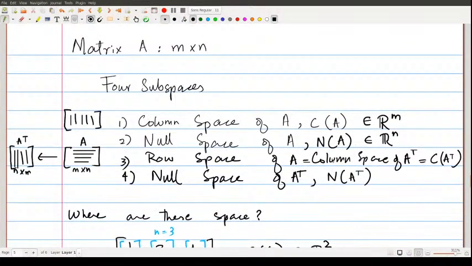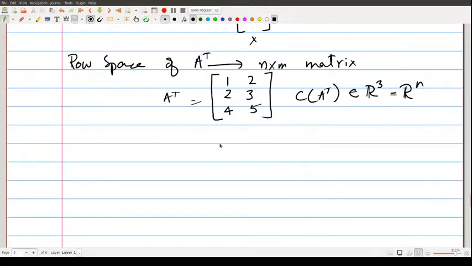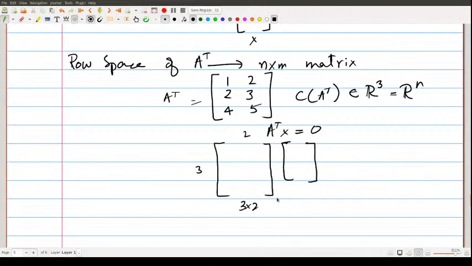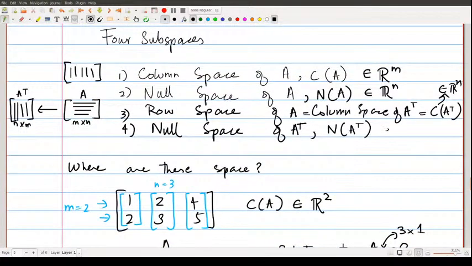So this is a subspace of Rn. And for the null space of A transpose, if I want A transpose x equals 0, with A transpose being 3 by 2, the vector x has to be 2 by 1. So x1, x2 means x is in the space R2, which is basically Rm in this case. So this is where they belong.